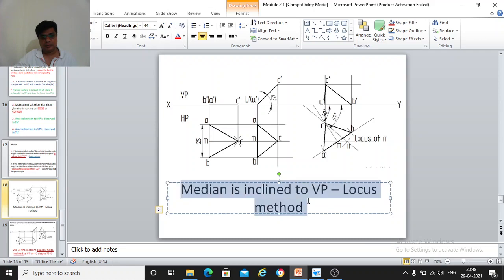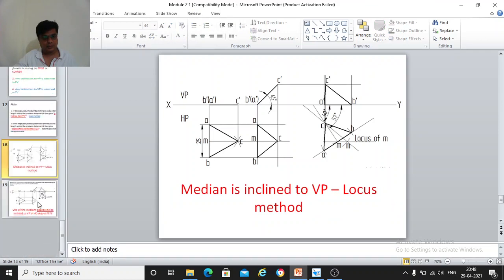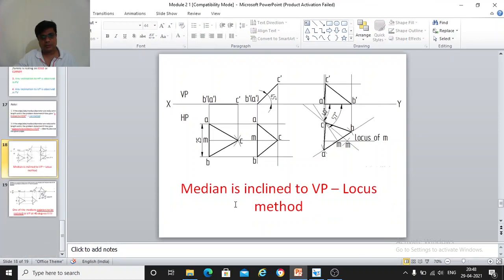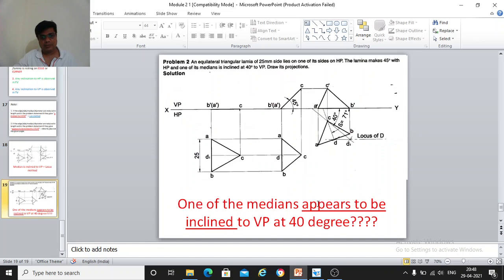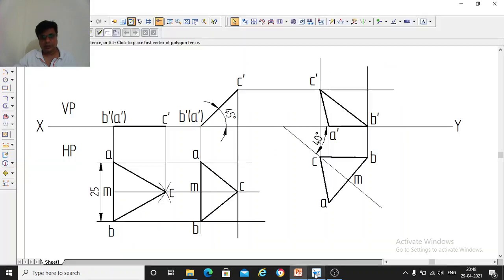So this you have to keep in mind. Okay, and when the problem says appears to be inclined, you will get the solution here. And that solution is here.